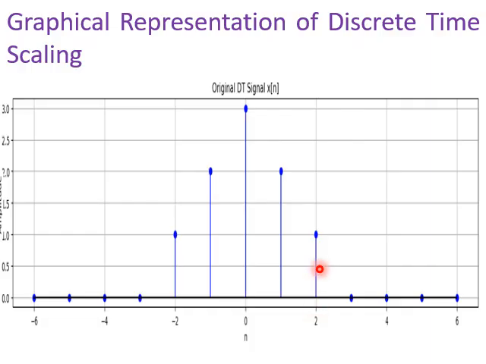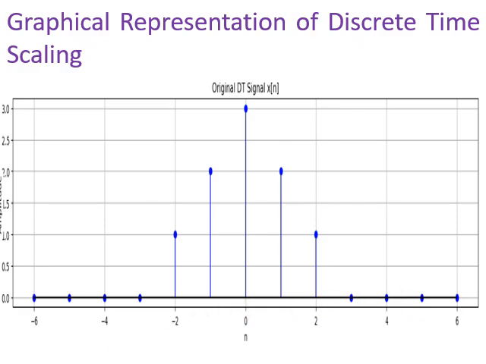So this is the original signal. Before -2 the signal is 0, and after +2 onwards, that means +3, +4, +5 up to infinity, this signal is 0.